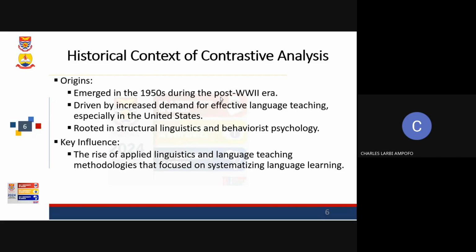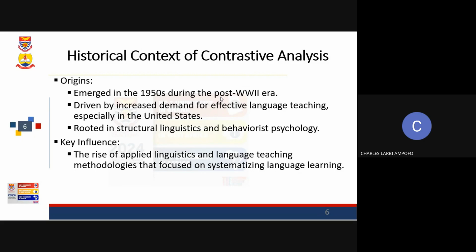So we'll look at what structural linguistics is and how it gives certain principles to contrastive analysis. Then we also look at what behavioral psychology, or behaviorism, contributes to contrastive analysis. So these are the two theories from which contrastive analysis draws its strength.